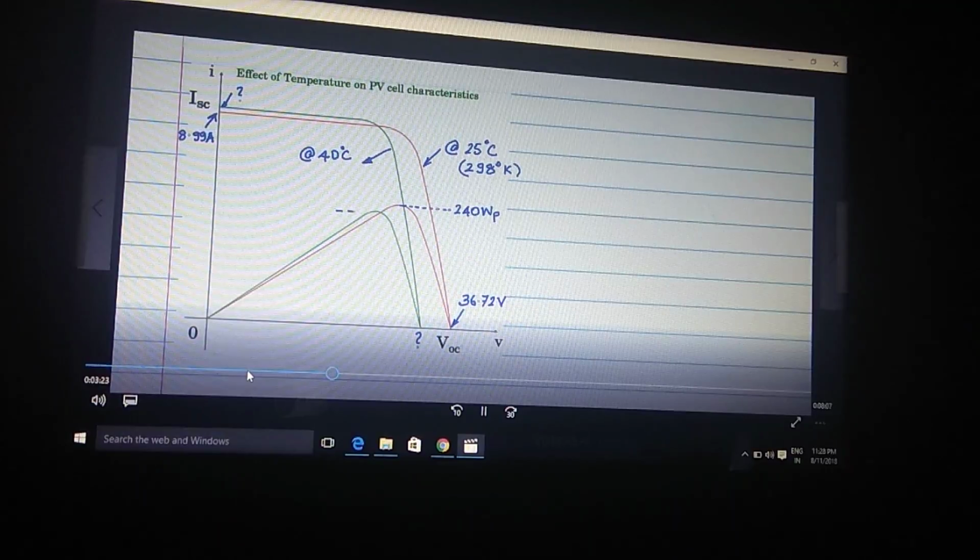We need to estimate the peak power value for the curve which represents the 40 degree centigrade temperature. Let me replace the question marks by meaningful variables. What we need to estimate is the short circuit current at 40 degree C, the peak power at 40 degree C, and VOC at 40 degree C.